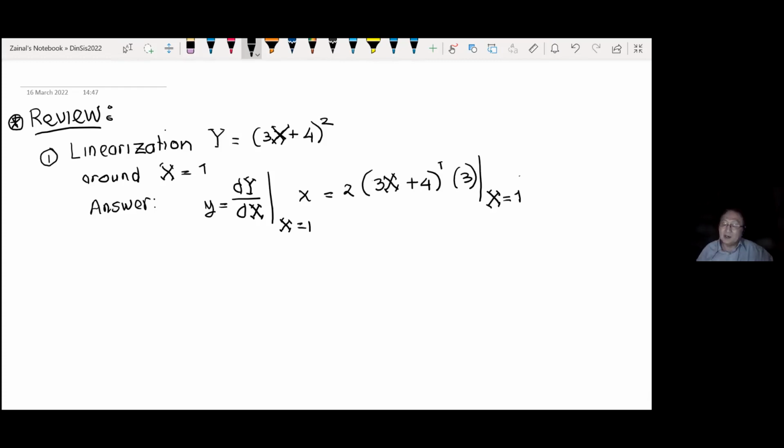Remember, right? So 3 plus 4 is 7, and 7 multiplied by 6 is 42x. This one is linear.